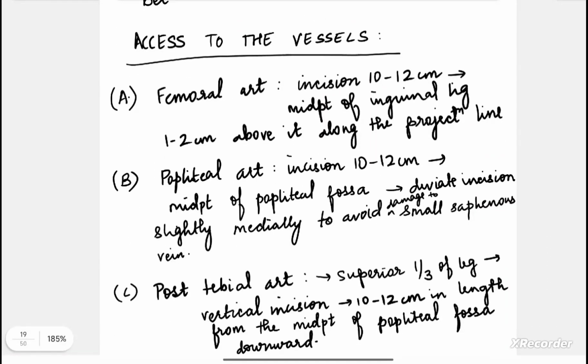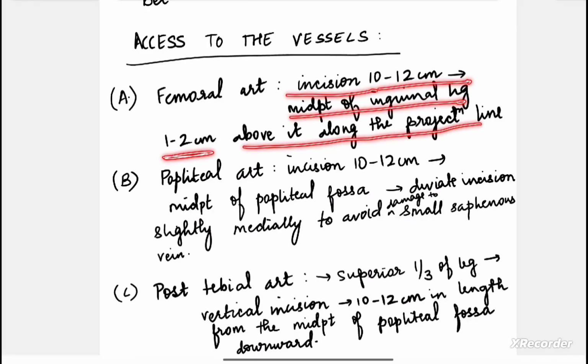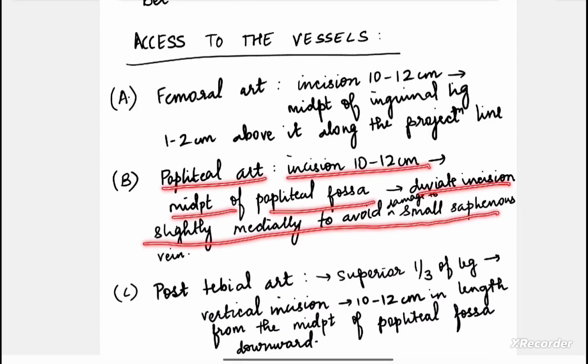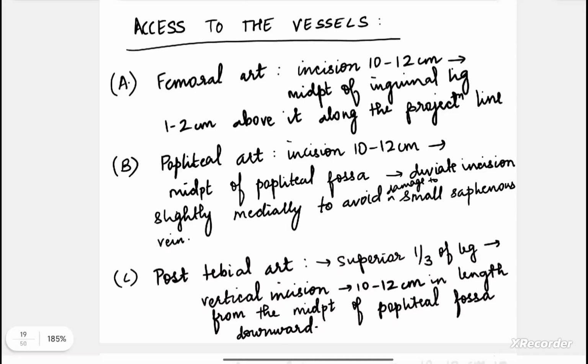Access to the vessels. Femoral artery: the incision is 10 to 12 cm, from the midpoint of the inguinal ligament, 1 to 2 cm above it, along the projection line. Popliteal artery: the incision is 10 to 12 cm from the midpoint of the popliteal fossa, deviated slightly medially to avoid damage to the small saphenous vein.